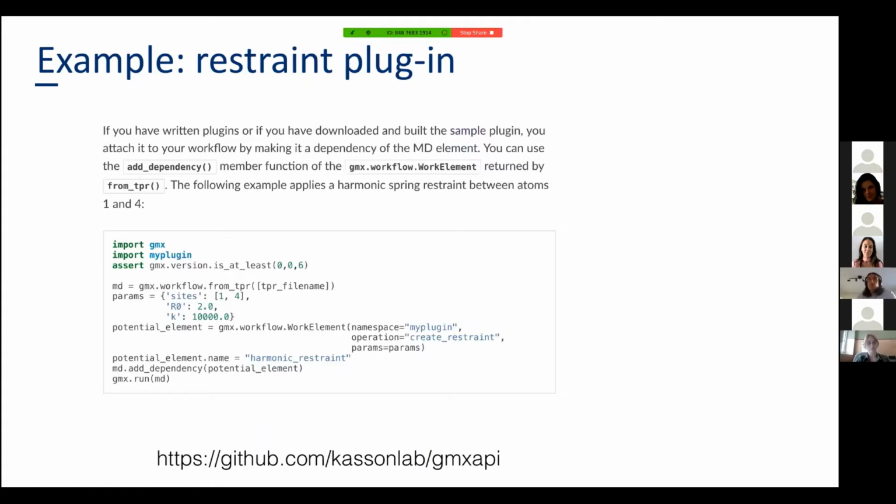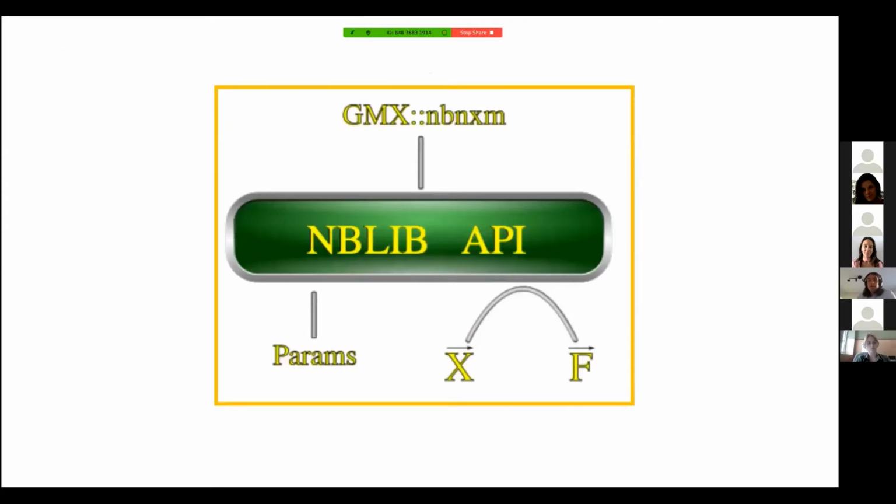All right, so another API, which is, again, what I've been working on, is something called Nblib. So this is a non-bonded force calculation library. The non-bonded forces are actually the most computationally intensive part of a molecular dynamics simulation. Depending on what your system is, it can be up to 60 or 80% of the total compute time.